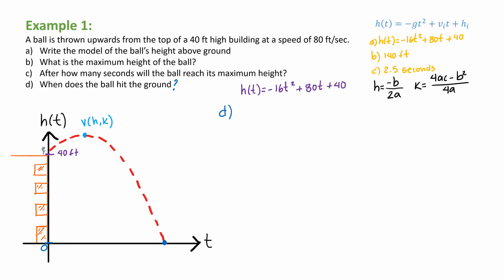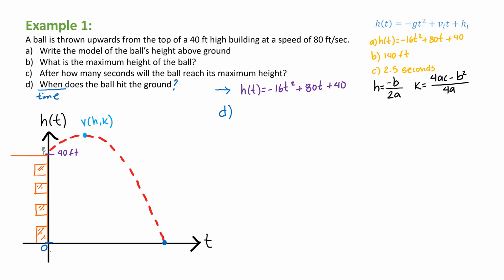That's important because remember that the function gives us the height after a certain amount of time. The question says, when does the ball hit the ground? We're looking for time. After how much time after being thrown does the ball hit the ground?